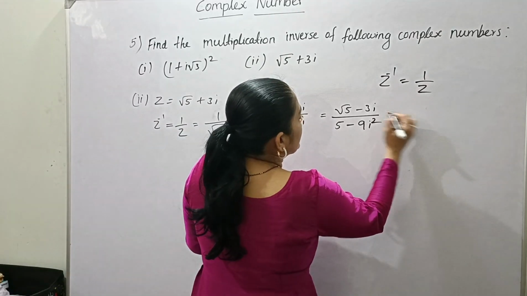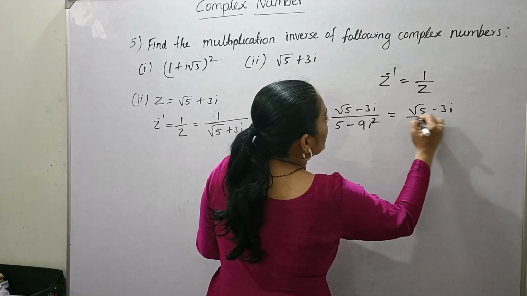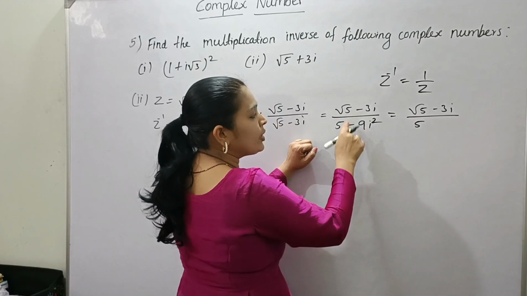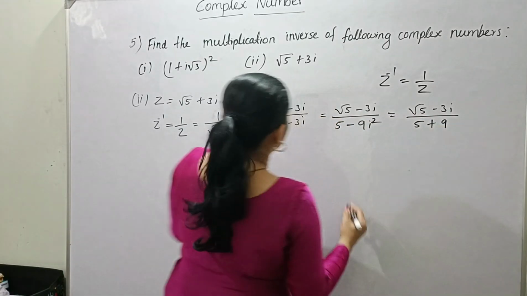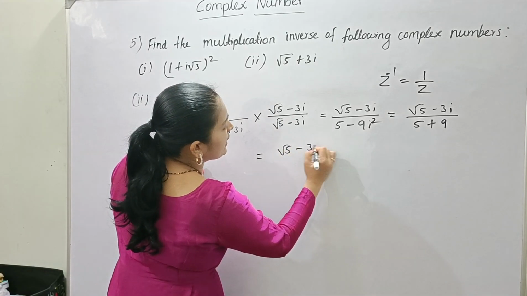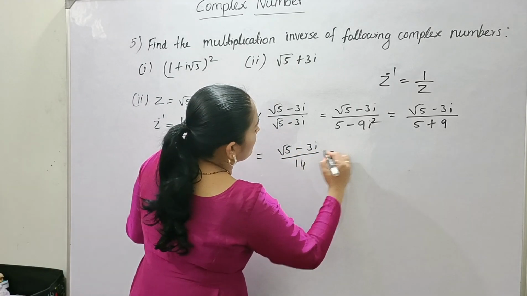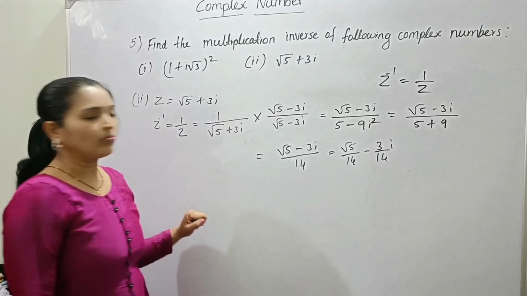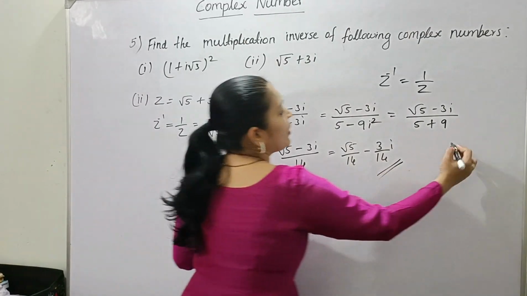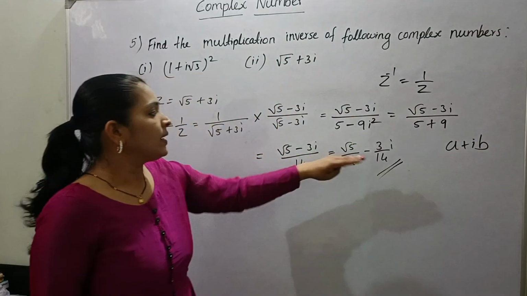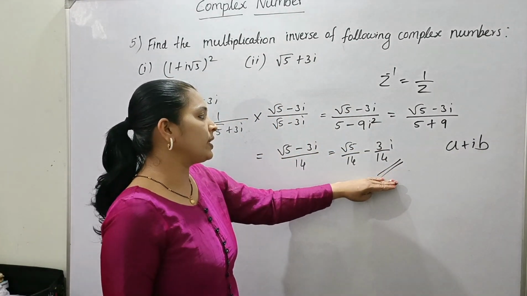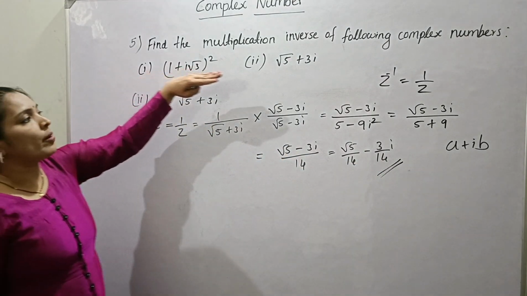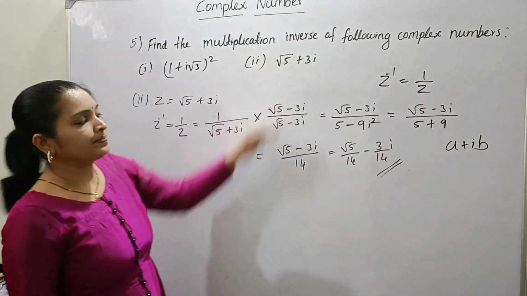Here i square value is minus 1, minus into minus is plus, so 5 plus 9, that is 14. So root 5 minus 3i divided by 14, that is root 5 by 14 minus 3 by 14 i. Now it is in the form of a plus ib, and root 5 by 14 minus 3 by 14 i is the multiplication inverse of the given complex number root 5 plus 3i.